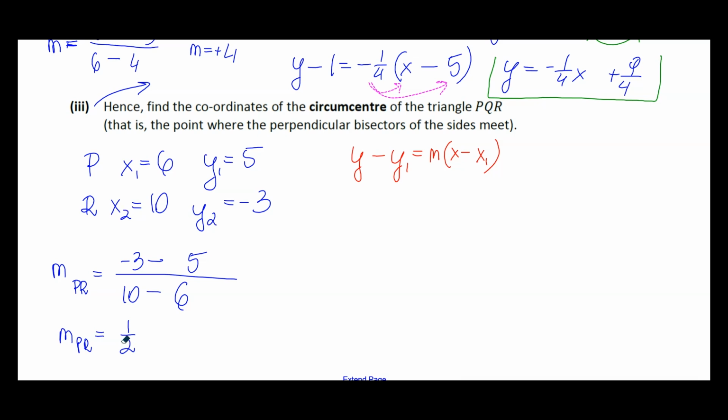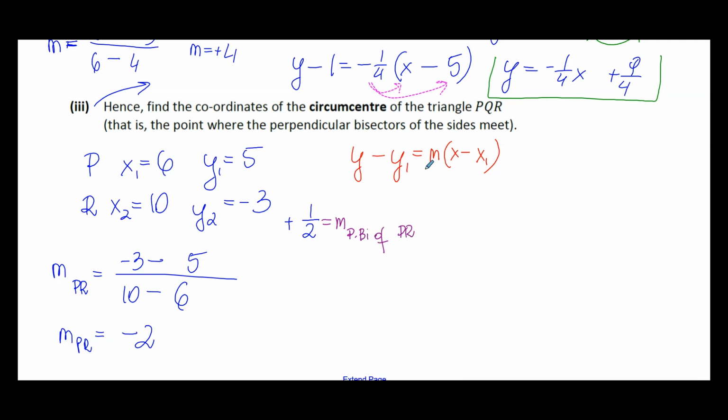It's actually minus 2. So if the slope of PR is minus 2, that means the slope of the perpendicular bisector of PR will be what? We take that, turn it upside down, so 1 over 2, and we change the sign, so plus. So that will be the slope of that perpendicular bisector of line PR.